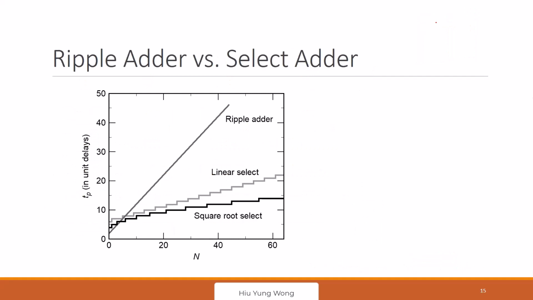Okay, if no questions, then let's take a look at the difference. Again, this is ripple. Ripple gives you a slope of 1, or I would say n divided by n. Linear select will be better, it will be m divided by n. And this one will be square root of n divided by n.